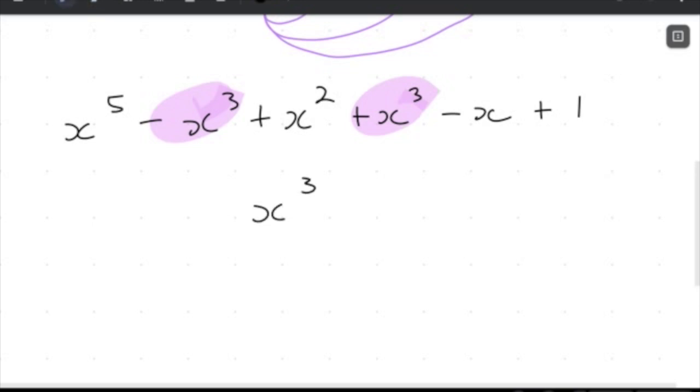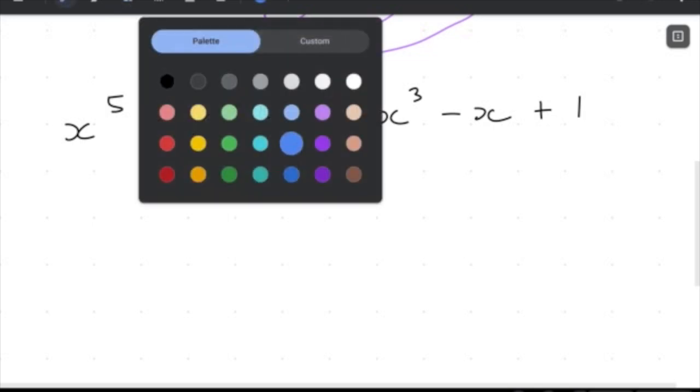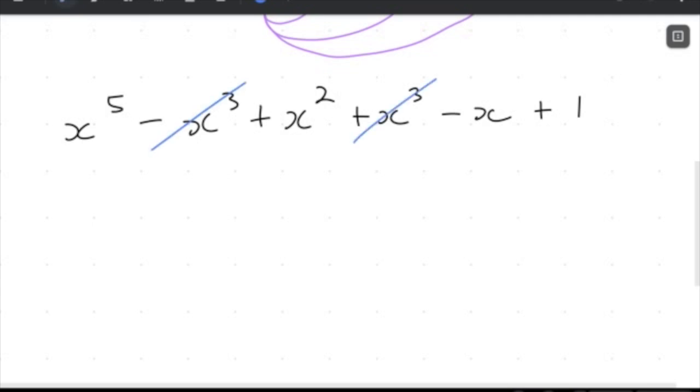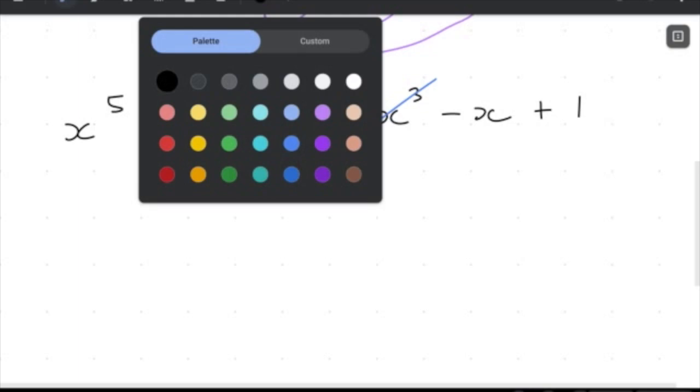We just know that if you take something and minus the same thing from it, it's going to give me 0. So these two terms here, negative x cubed and positive x cubed, are going to cancel out to 0 when we add them through.